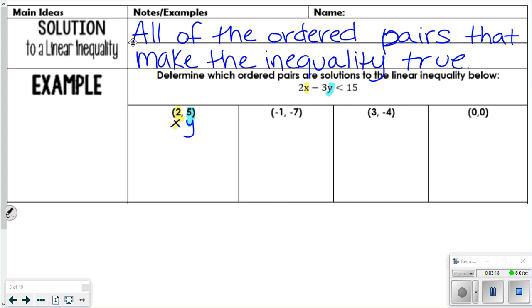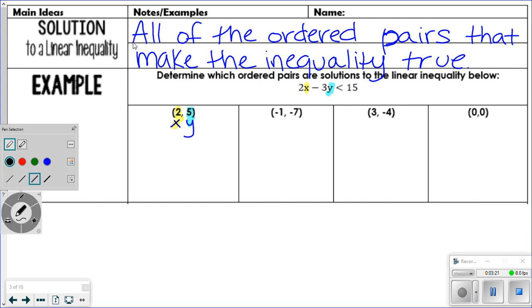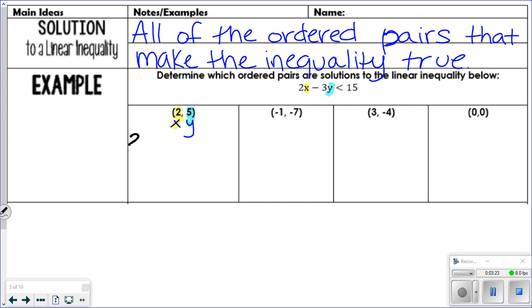So I'm going to start with a 2. Then the x is going to come out, and I'm substituting in the 2, minus 3. I'm no longer going to have a y. We're going to substitute in the 5. So we can do this in our head or type it into our calculator. 2 times 2 is 4, minus 15. 4 minus 15 is a negative 11.